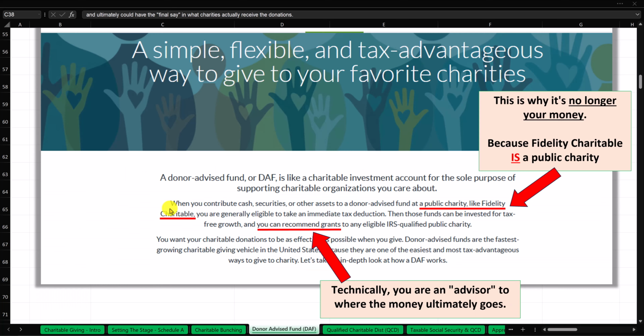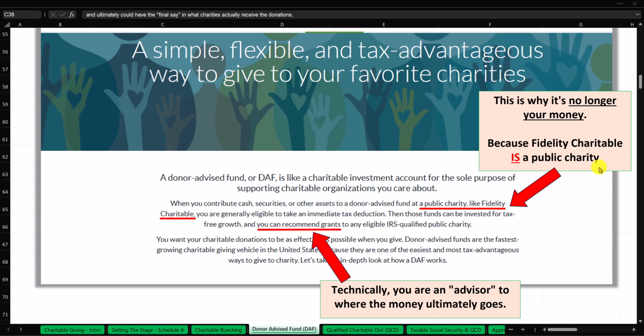All right, so it says here, when you contribute cash, securities, or other assets to a donor advised fund at a public charity like Fidelity Charitable. So that language right there, that's why it's no longer your money once you put it into the donor advised fund, because Fidelity Charitable is a public charity.